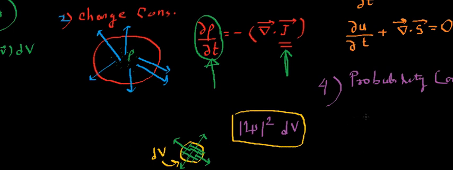Then I write the probability conservation law like this: del rho by del t, where rho is the probability density, or better you call it probability, where rho is given by mod psi square, which is nothing but psi star psi.